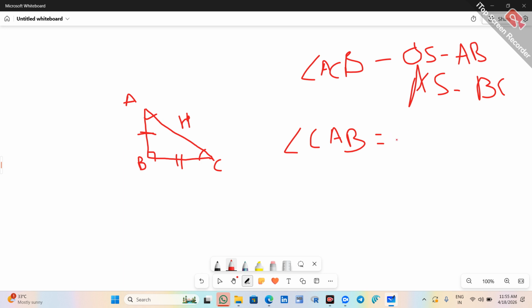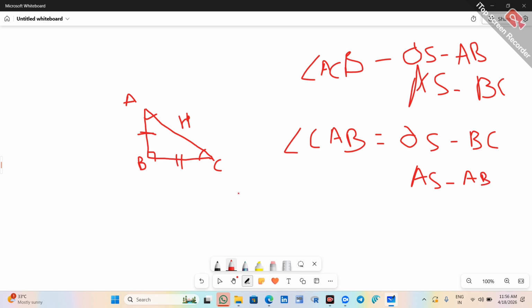For angle CAB, the opposite side will be BC. And the adjacent side will be AB, the side touching it.